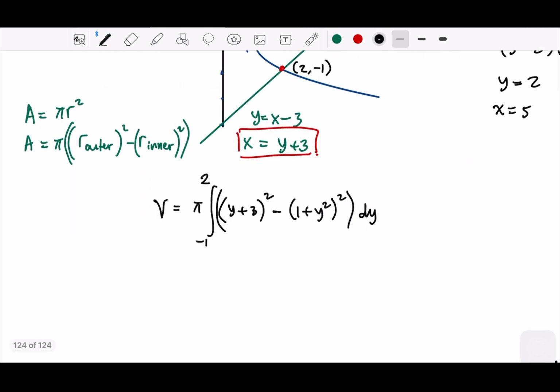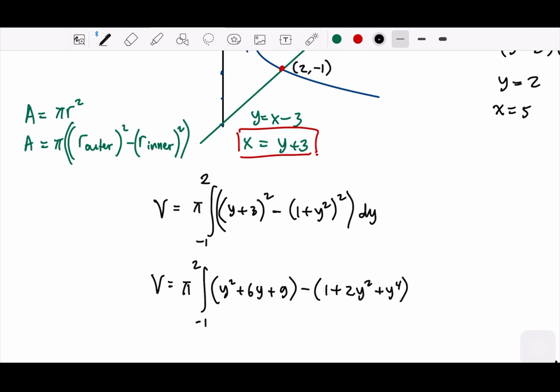So we solve this. This will be y squared plus 6y plus 9.